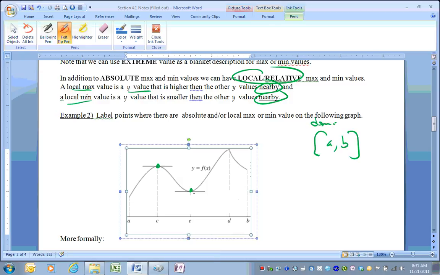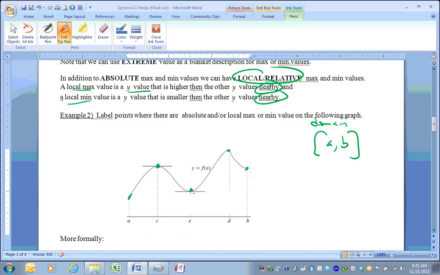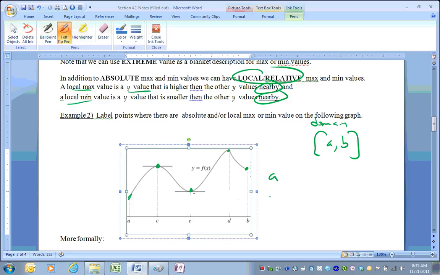And there's actually going to be five points we're going to locate. So A, B, C, D, and E. And we're going to label each of these.